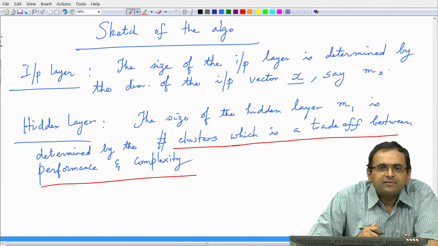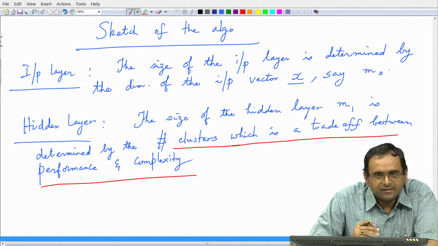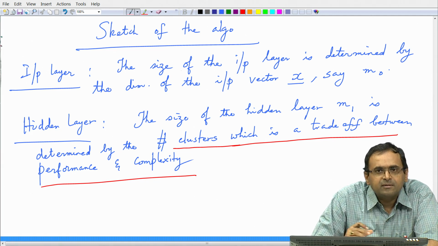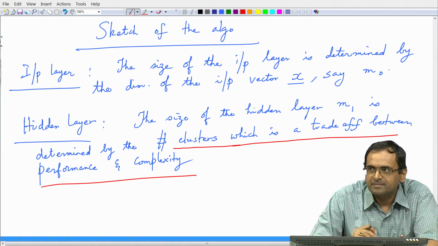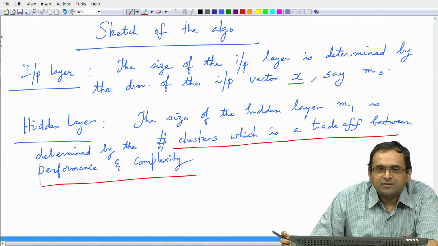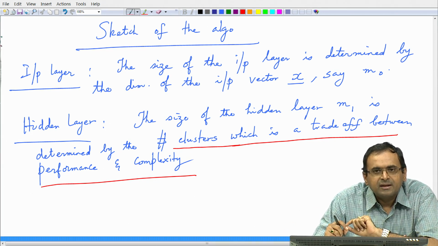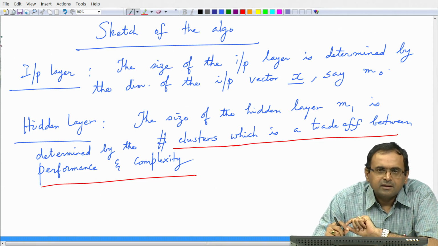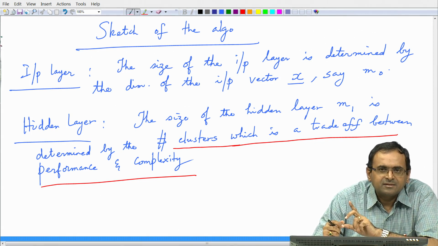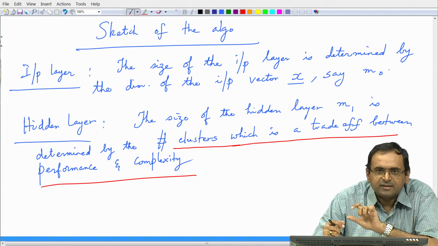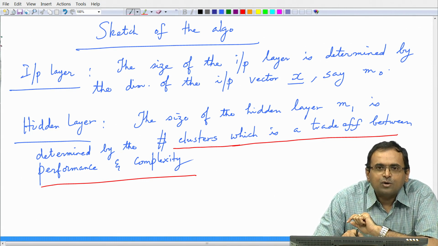You do not have to have capital N number of such units as I discussed earlier. So, therefore, you have a computational reduction, and that would have some trade off in the performance, because ideally if you choose every data point as the center, your distortion would be really less, but you sacrifice the distortion with complexity.